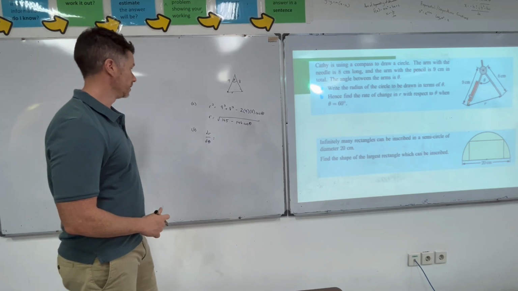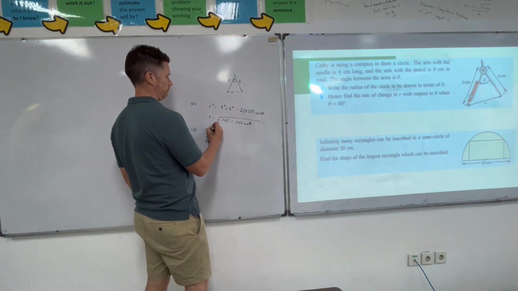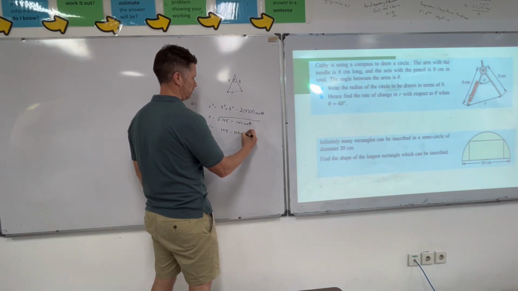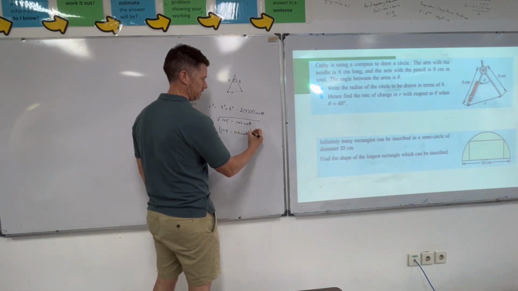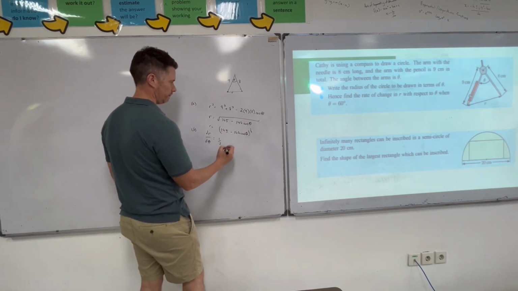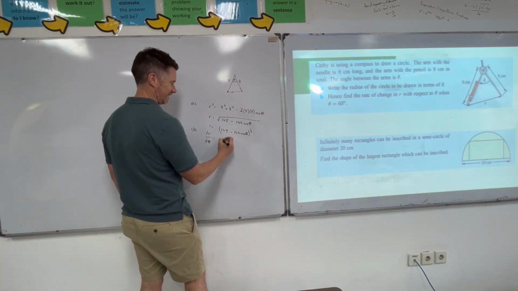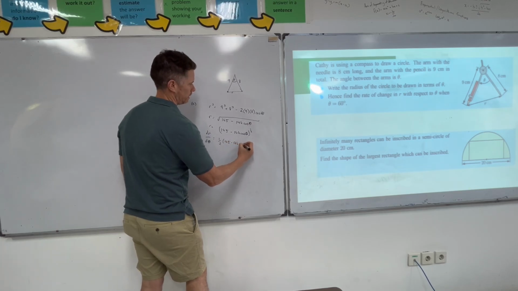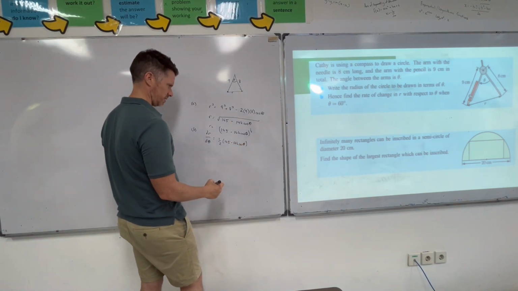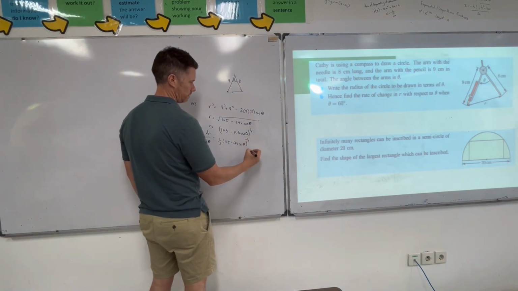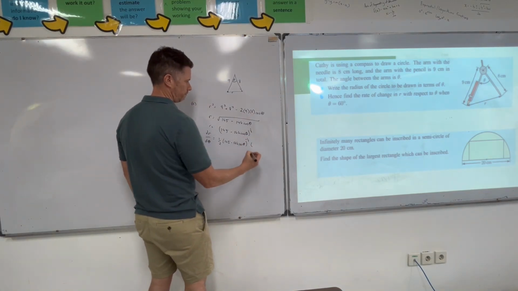Differentiate it. Let's rewrite: r equals 145 minus 144 cos theta, all to the power of a half. So we use our old buddy the chain rule. Multiply by negative a half, to the negative a half power, and then multiply by the derivative of the inside, which is 144 sine theta.